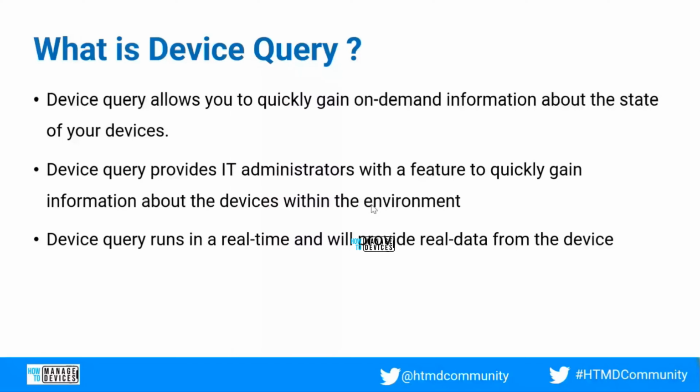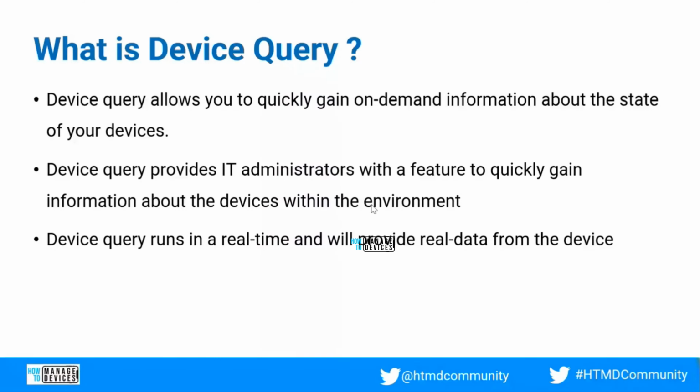There are many other options, like scripting and reports, available inside Intune as well as outside Intune, to fetch and gather information about any device. But most of the time, when you write a script and send it to the end user or the device, by the time you get the result, the output is not live data.